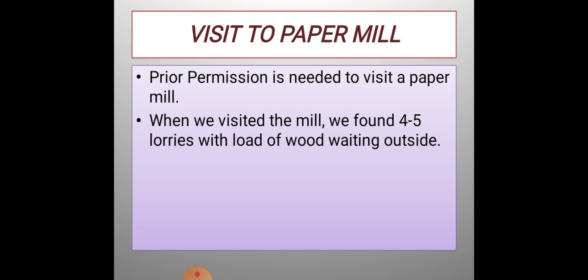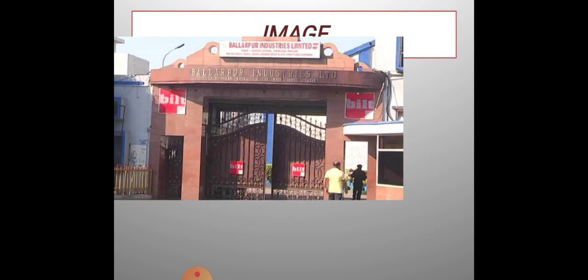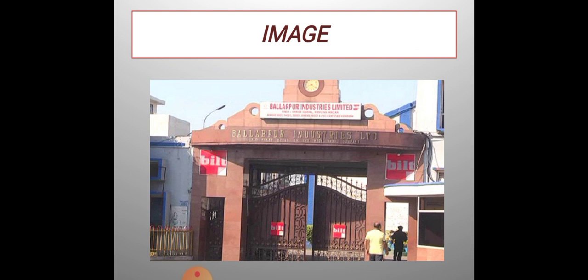When we visited there, we saw through a gate 4 to 5 lorries standing, waiting outside the gate with the load of wood. And there were two different gates, one for workers and one for the vehicles to enter. You can see this. This industry is located in Warangal, Telangana district.